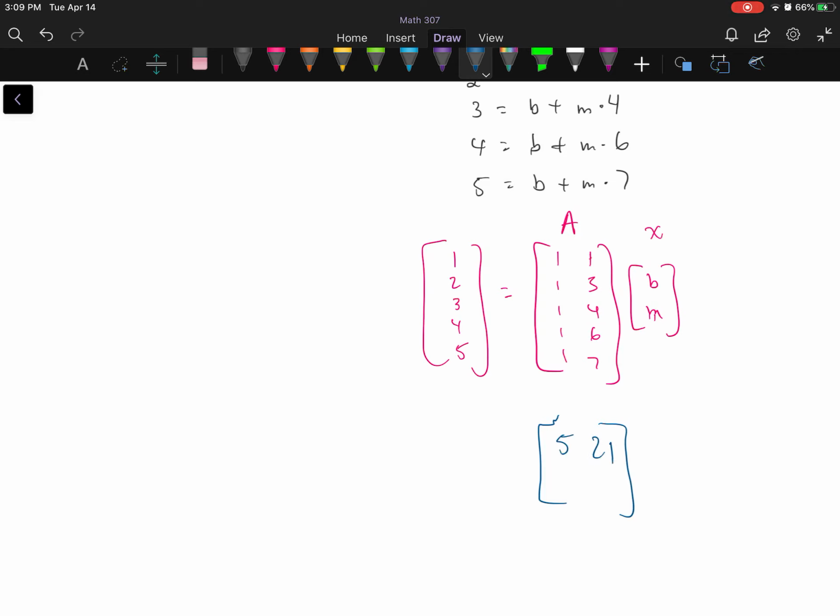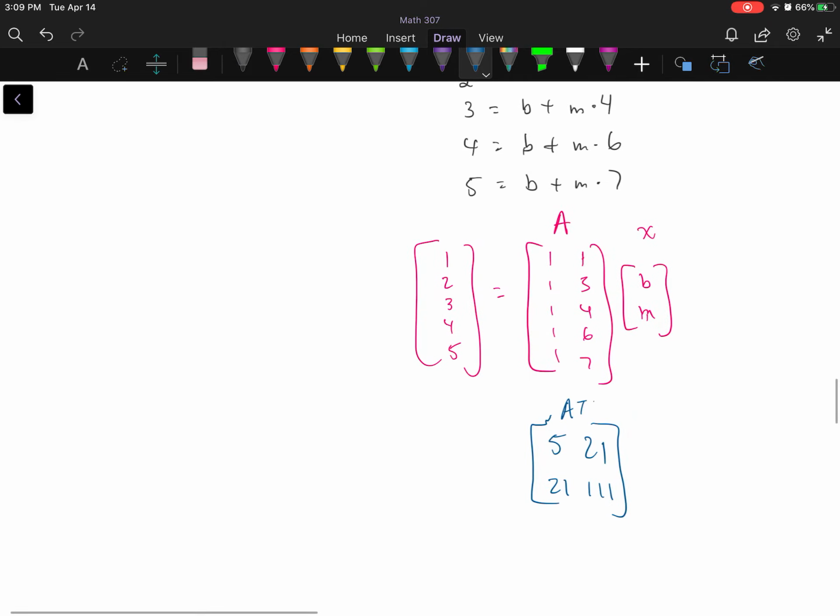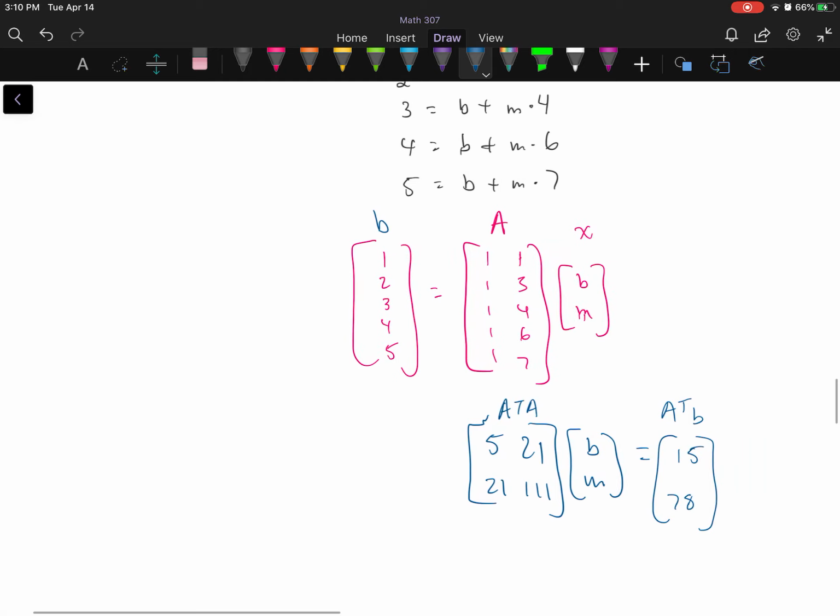It would be 5, 21, 21, and 111. X would be exactly the way that we left it. And A transpose times our resultant vector B here would be 15 and 78. And it's that 2x2 system of linear equations that we solve in order to get the best approximation solution.